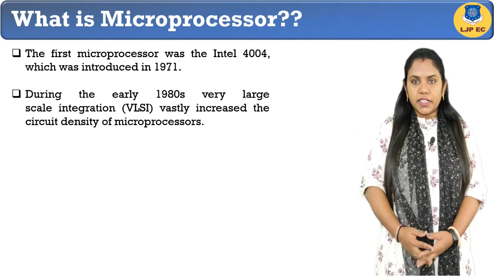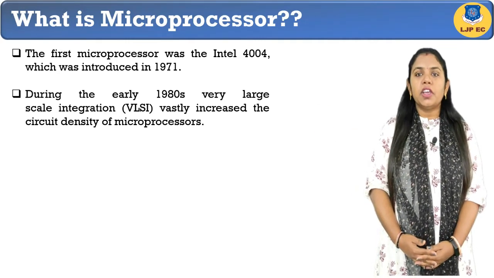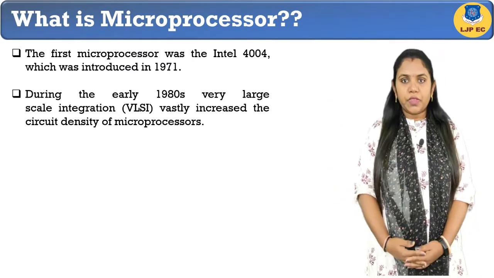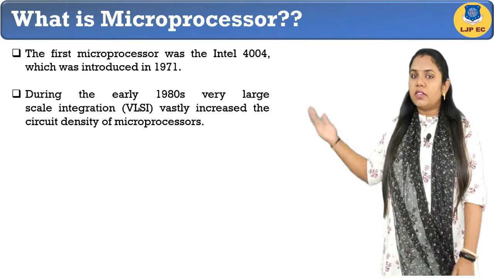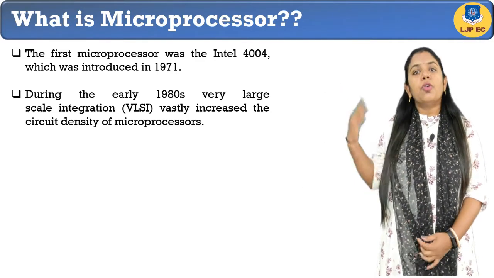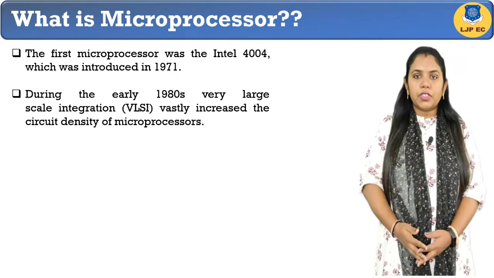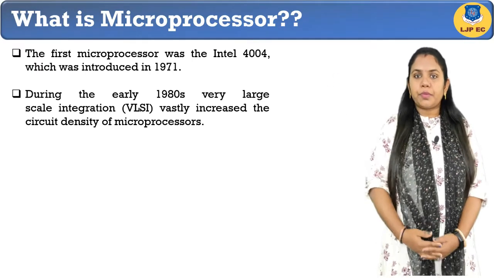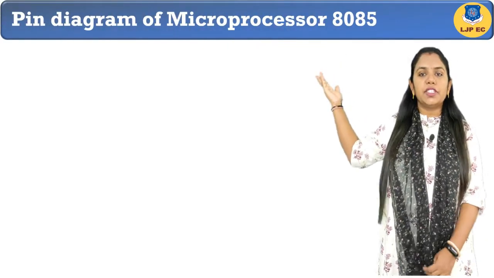During the early 1980s, very large scale integration, VLSI, vastly increased the circuit density of the microprocessor. In the 2010s, a single VLSI circuit holds billions of electronic components on a single chip, similar in size to an LSI circuit. Now next is the pin diagram description of microprocessor 8085.